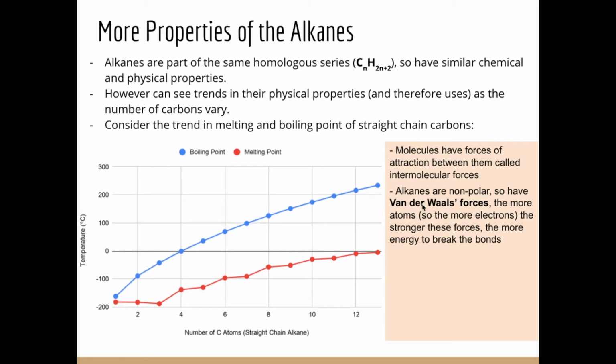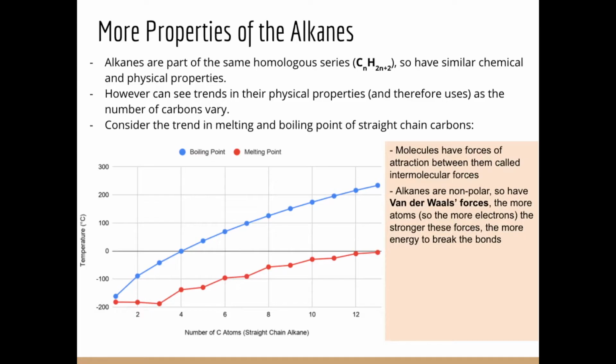Alkanes are non-polar, have van der Waals forces, and the strength of these correlates with the number of electrons. So the more atoms we have, the more electrons, the more instantaneous dipoles we can have. If you recall, all atoms have van der Waals forces; it's just the idea that the random fluctuation of our electron clouds can give instantaneous, temporary dipoles, as opposed to permanent dipoles in the form of dipole-dipole or hydrogen bonding when we have polar molecules.